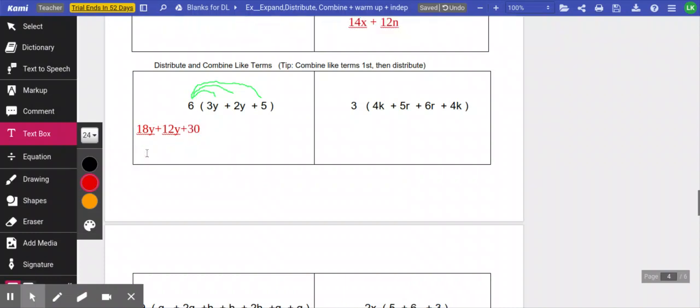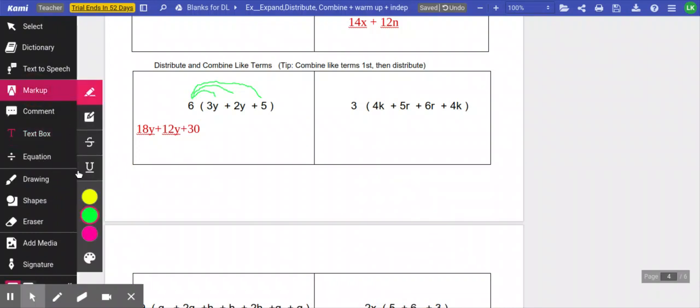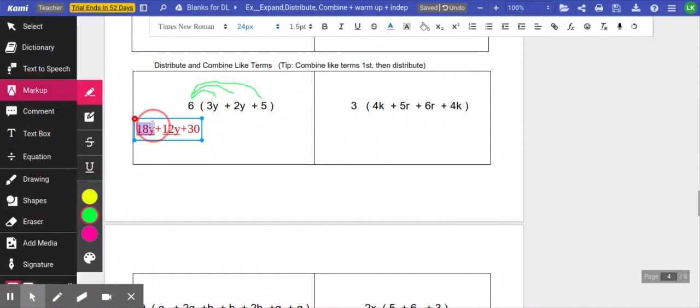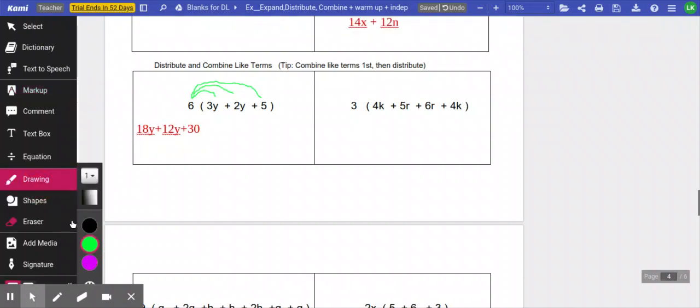Notice, if I look at this here, I have some like terms I can combine, the y's. I'll use the same color here. These two are my like terms.